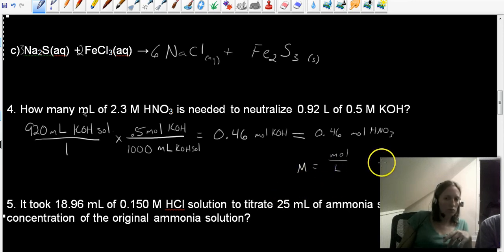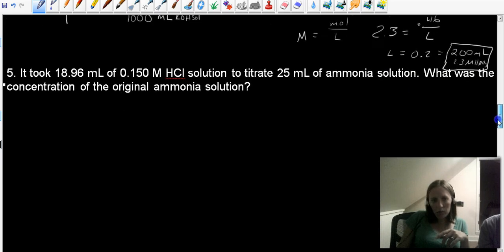What's my molarity? 2.3. Thank you. 2.3 equals 0.46 over liters. And so liters ends up equaling 0.2, which is 200 mLs of what? Of 2.3 molar HNO3. Beep. Box. All right.